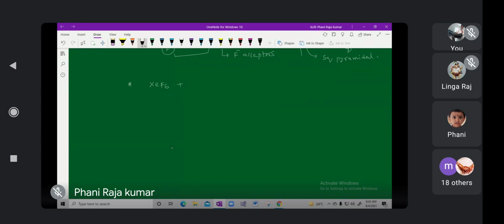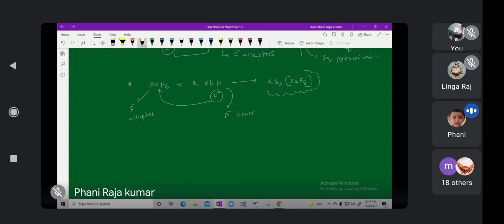For example, rubidium fluoride. So RbF is an ionic species, donates F minus to XeF6. So now RbF is called an F minus donor. So XeF6 now becomes the F minus acceptor and gives a very special compound Rb2XeF8.